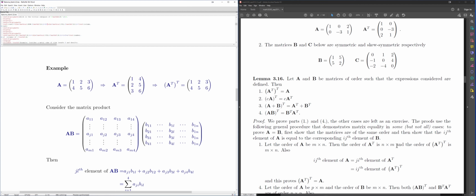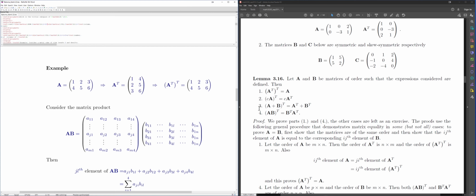So the number of rows in A transpose is m, and the number of columns in A transpose is n. What that shows is that the order of A transpose is in fact the same as the order of A. So what you establish is that A and A transpose have the same size, the same order. That's the first thing in showing that A transpose is equal to A.